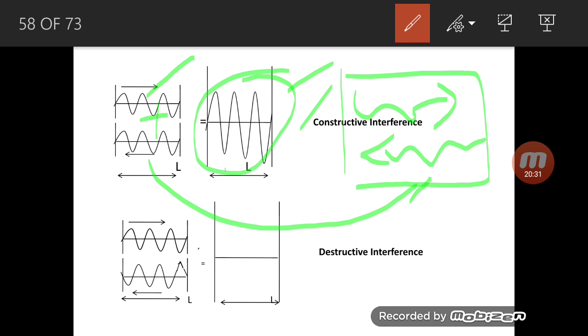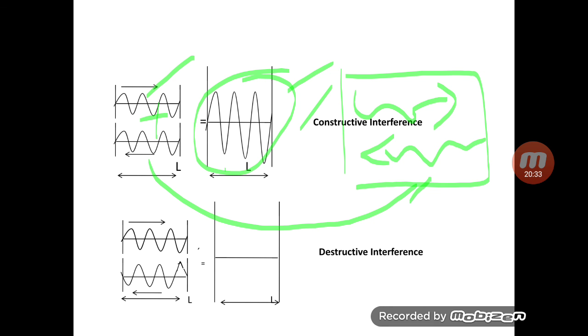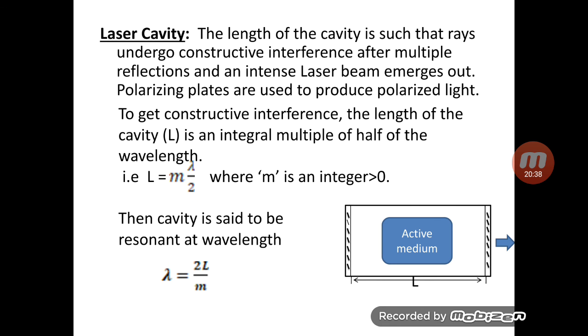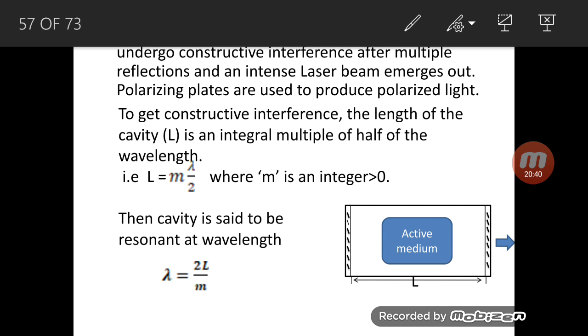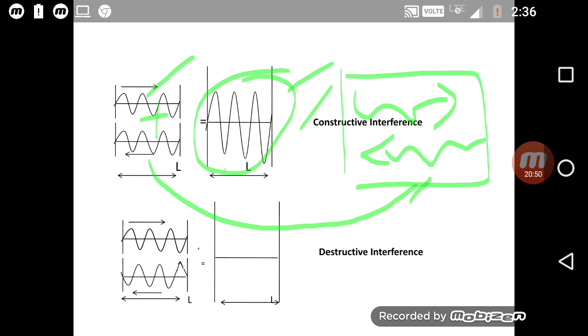To have this constructive interference, the condition is that the distance between the two mirrors, L, should always be equal to mλ/2. If you are not satisfying this condition, then it is not possible to have constructive interference. You are getting the point?